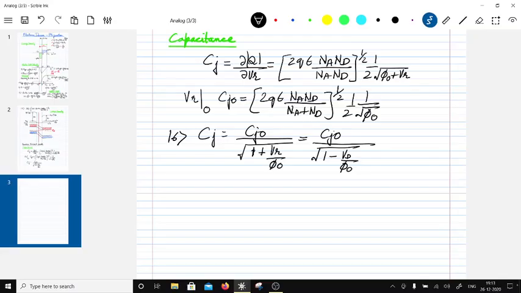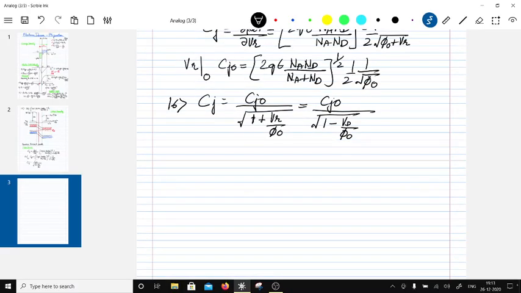Now this is asymptotic at Vd equal to psi0, and at that point the capacitance should become infinite, but this expression breaks down, because this is based on a condition, right? The condition is that the charge is not leaking out of the junction.